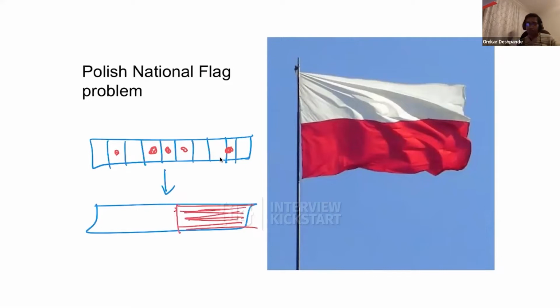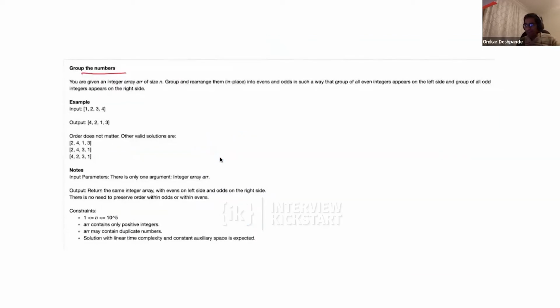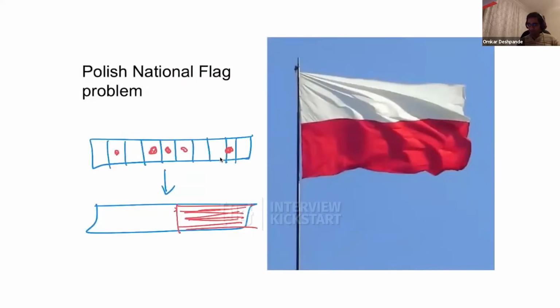So that's the Polish national flag problem. So this problem is essentially that instead of white and red colors, you're given even and odd numbers. And you need to rearrange the numbers so that all the evens appear on the left and all the odds appear on the right side.